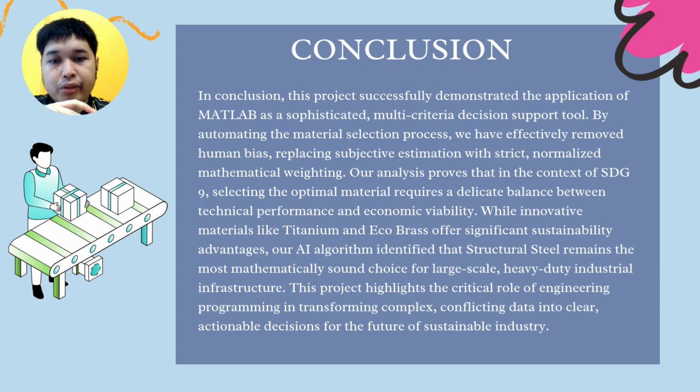While innovative materials like titanium and eco-brass offer significant sustainability advantages, our AI algorithm identified that structural steel remains the most mathematically sound choice for large-scale, heavy-duty industrial infrastructure. This project highlights the critical role of engineering programming in transforming complex, conflicting data into clear, actionable decisions for the future of sustainable industry.